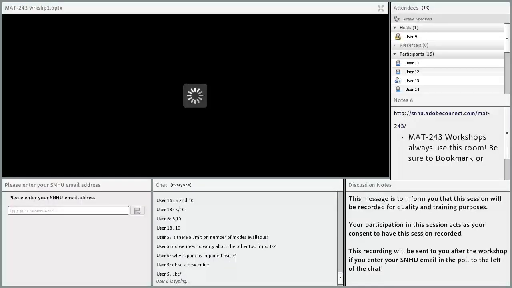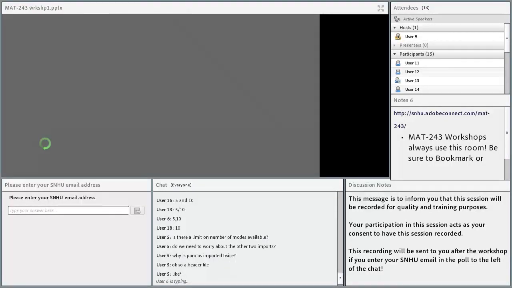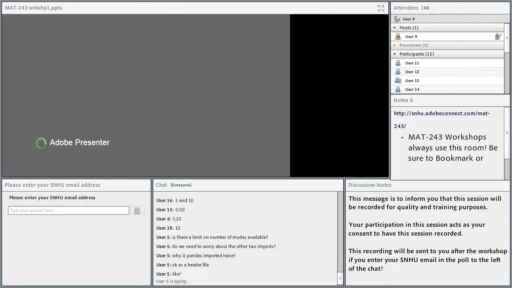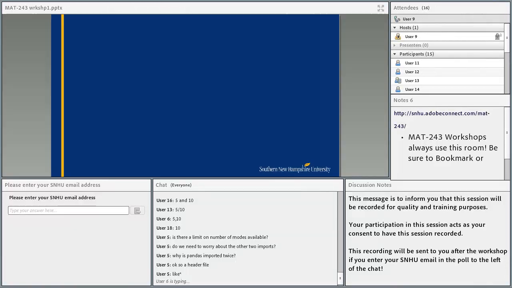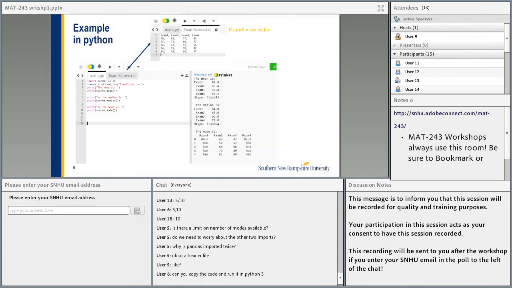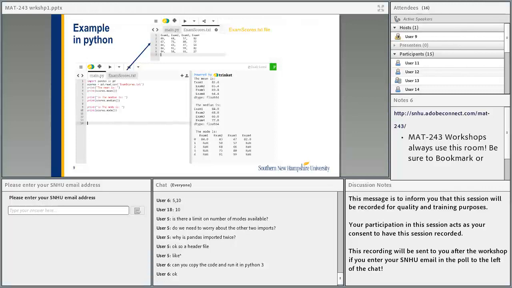So I'm going to go back to the PowerPoint. Okay, so this is how it would be if I had been able to run that. You can copy the code and run it in Python 3. If you have Python on your computer, you can run it, but you need to have the text file.